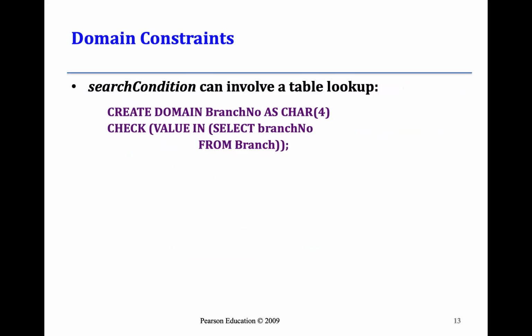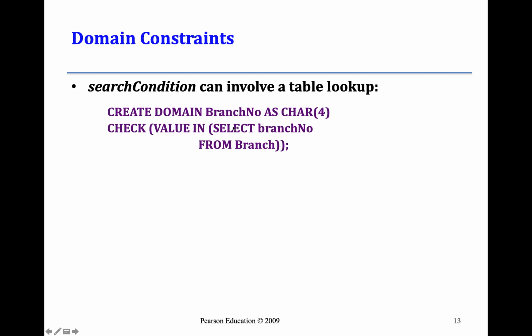And the check condition can involve table lookup. Here we're creating a domain branch number, and we want to restrict it to the current branch numbers in branch. That makes sense if you're declaring, say, a foreign key for staff: you may want to restrict the branch numbers to be a valid branch number.